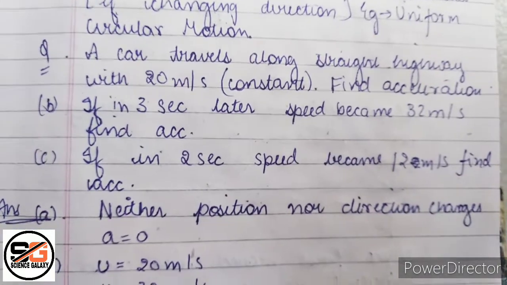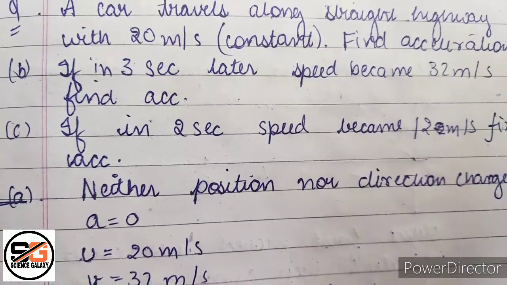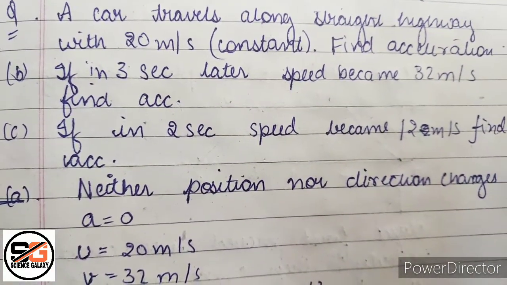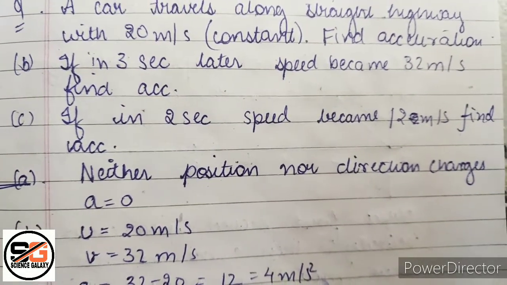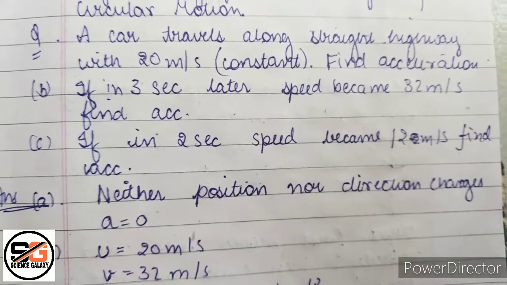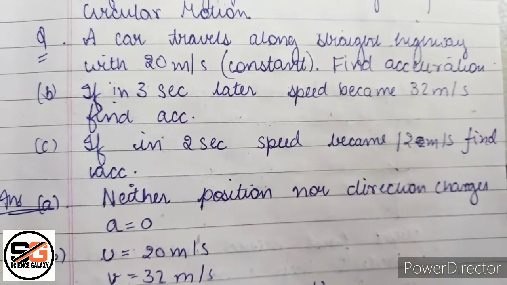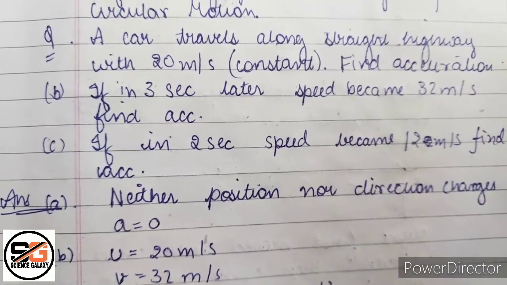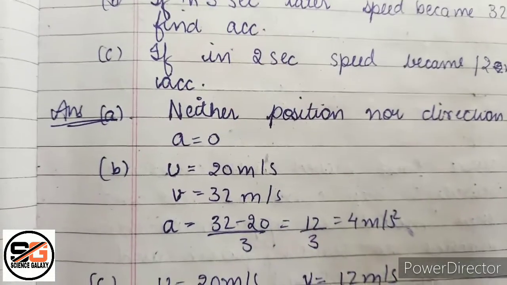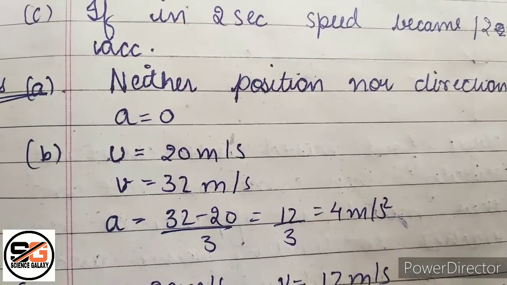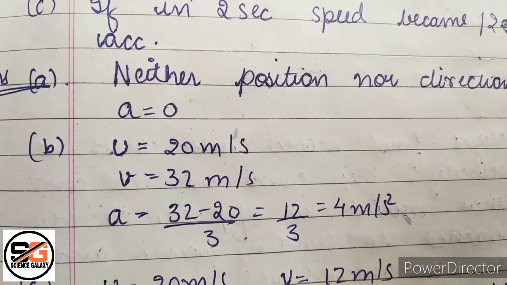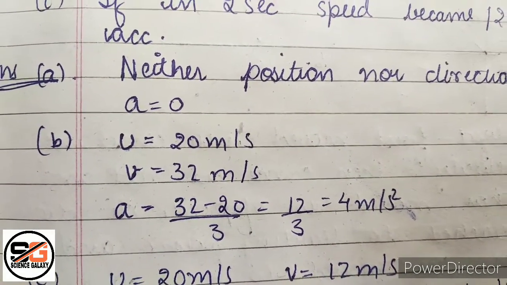Now the B part is, if in 3 seconds the speed became 32 meters per second, find the acceleration. Its speed initially was 20 meters per second, that is u. Its final speed became 32 meters per second in the time interval of 3 seconds.